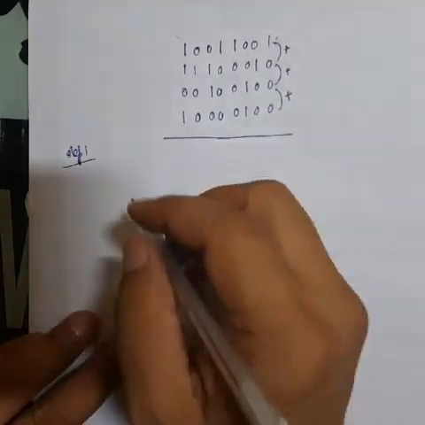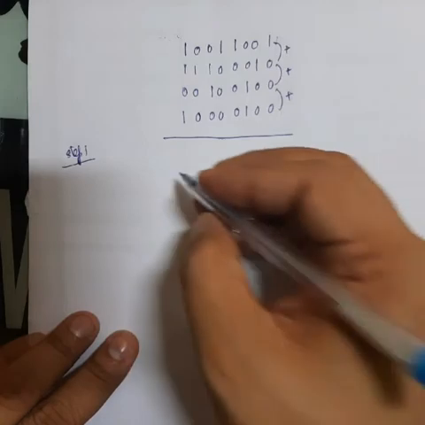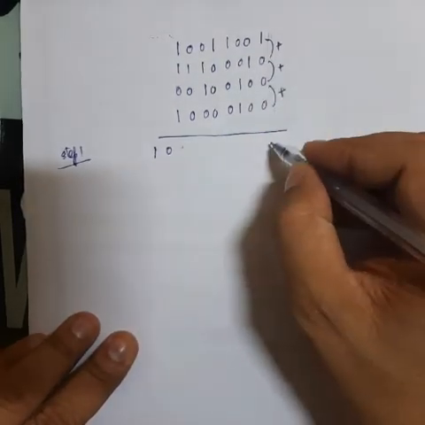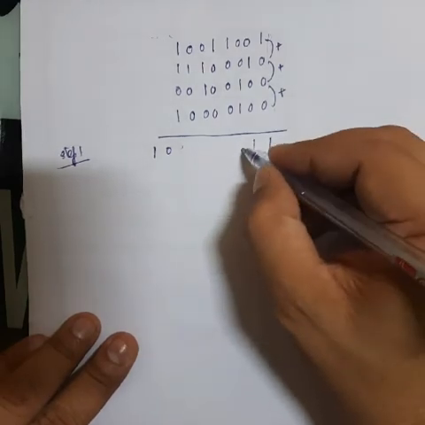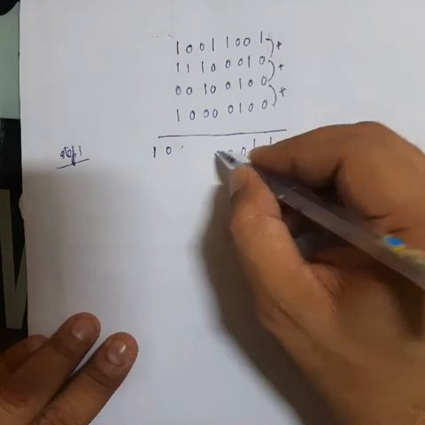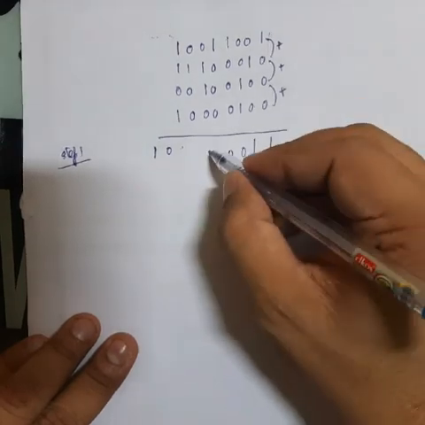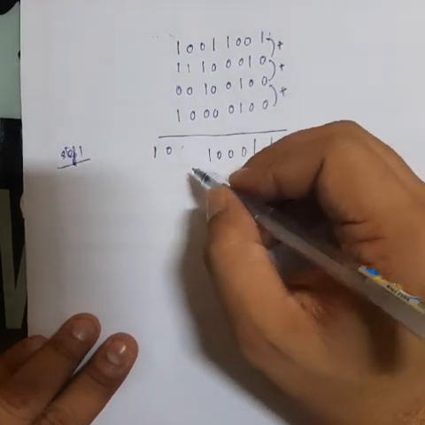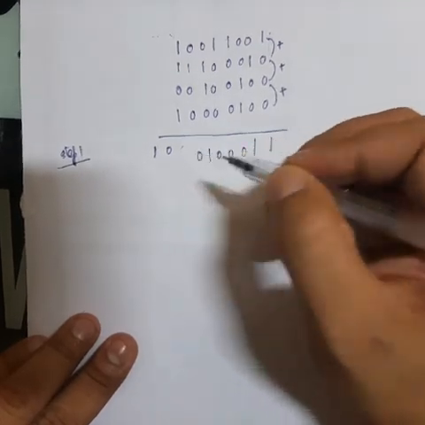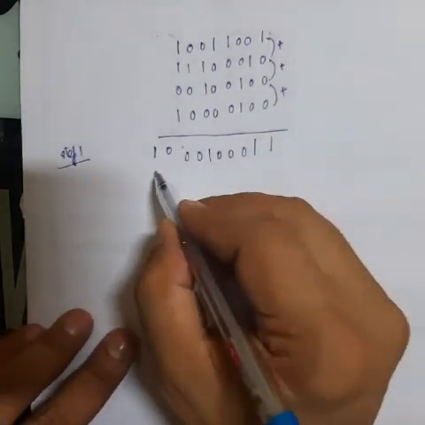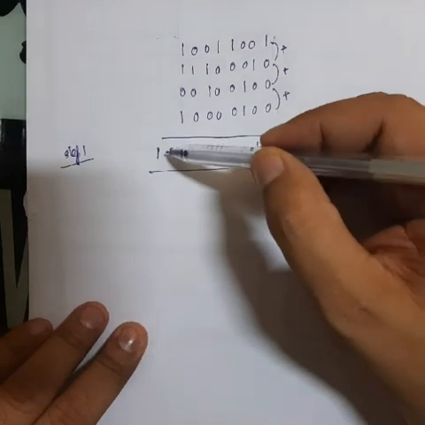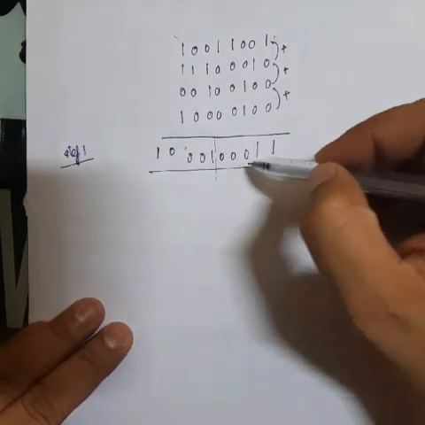After applying this addition, we get a result of 10 bits, 5 bits and 5 bits.